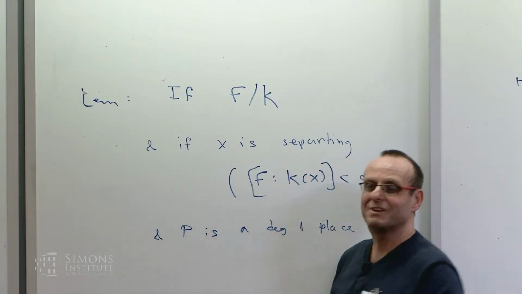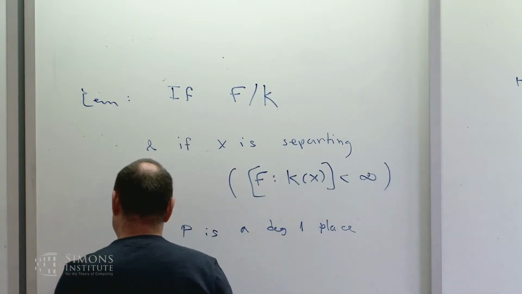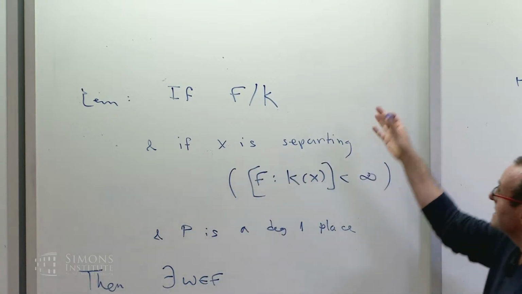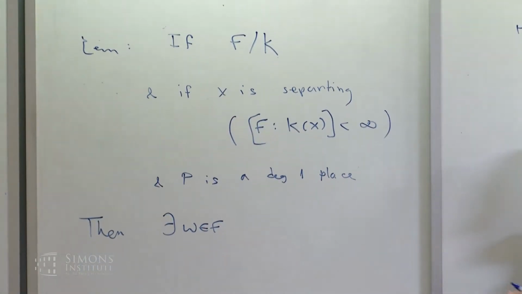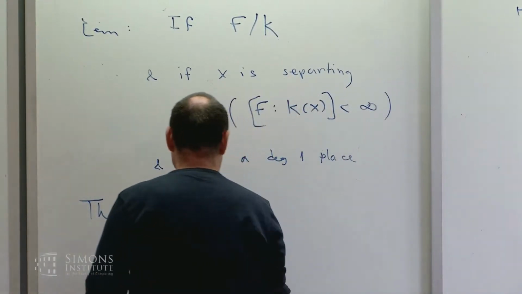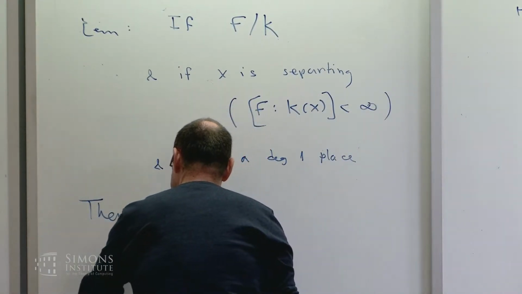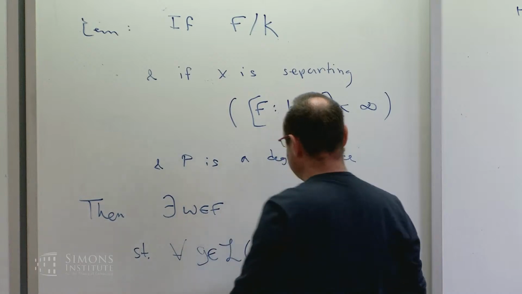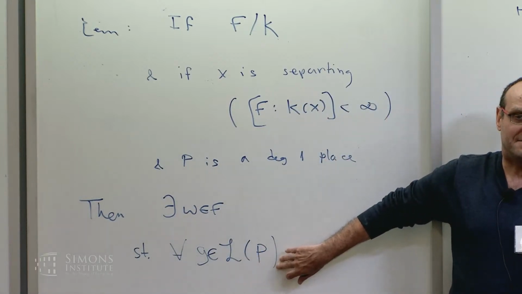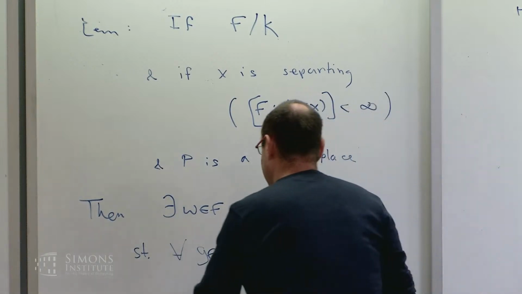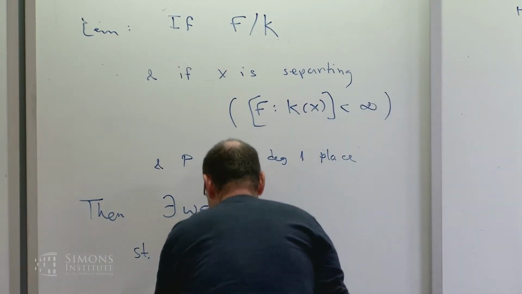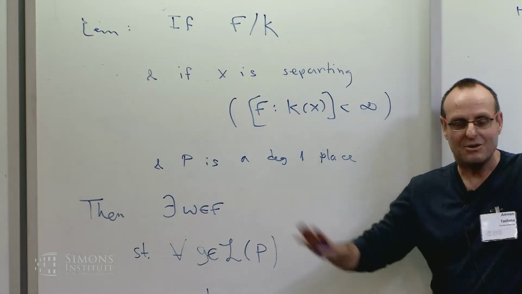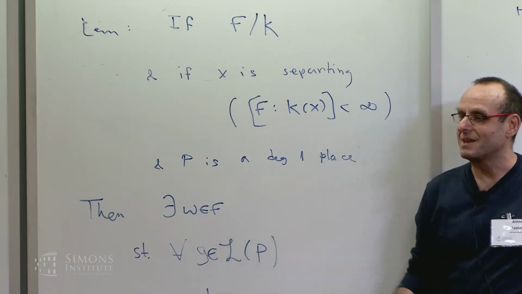And if x is separating and P is a degree 1 place, it's like a point on the curve. Then there exists some element that depends only on x and P, one element omega, such that for any function g in L of P, this means that g has poles only at P. If we look at the derivative of g with respect to x, we might be worried that the poles are scattered all over the place and they depend on g, and who knows what happens.